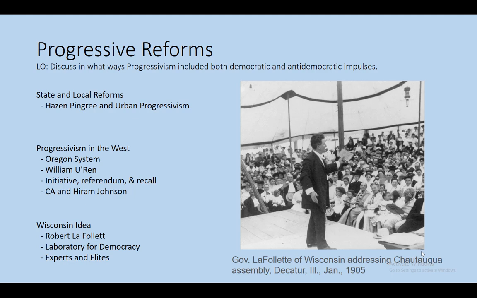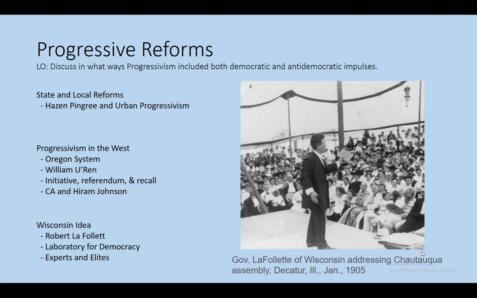So in cities, we saw cities focusing on reducing the power of political bosses, people like Boss Tweed. We also see them establishing public control of, quote, natural monopolies. In other words, things like the water company, the gas company, the electric company. You see that in the city of Laredo, for example, where when you pay your water bill, you pay it to the city. And you also see them trying to improve public transportation.